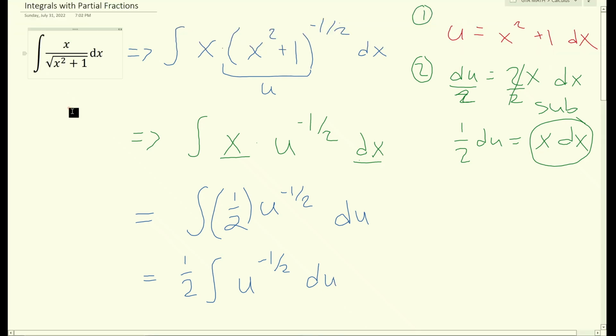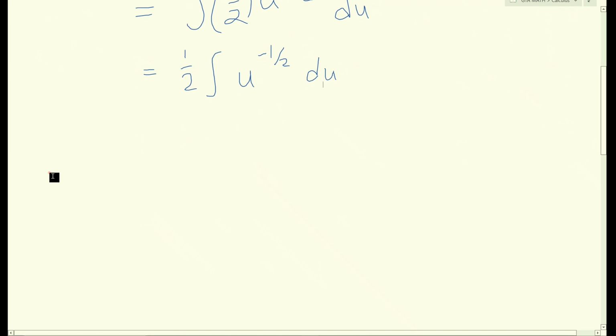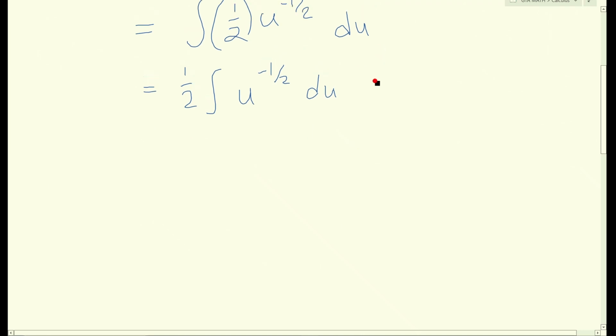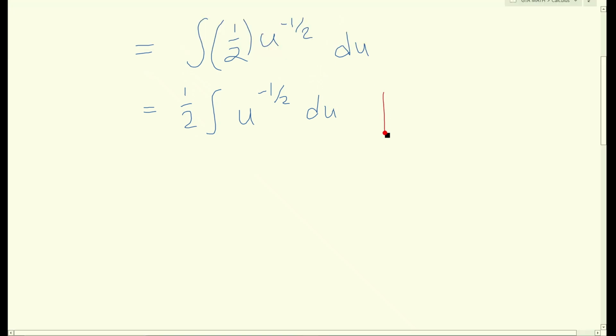So now that we're at this step, we're gonna actually take the antiderivative of this portion of the integral. I like to just make a little bar and then I just take the antiderivative here. And what we're gonna do is say, all right, well, we have u to the negative 1/2.